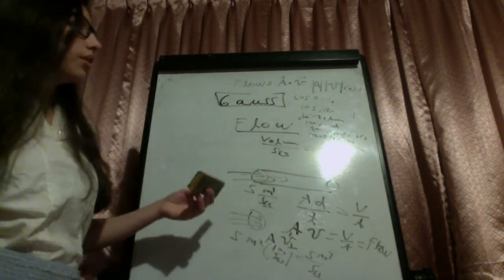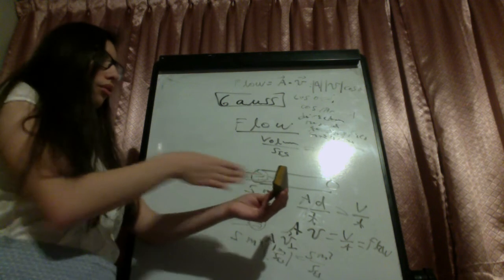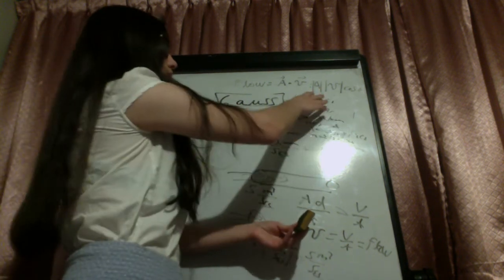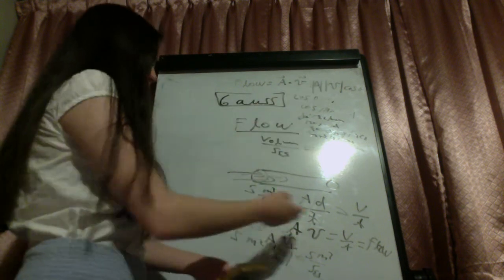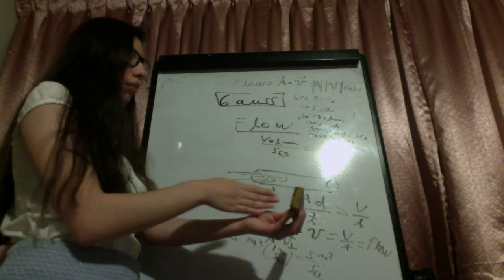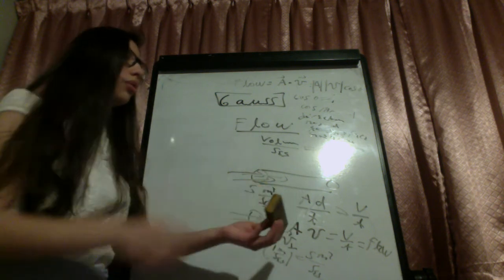If the angle is 0, all the fluid is passing through the surface, so I would have that it is just the area times the velocity, that is what I have here, when the cross-sectional area is perpendicular to the flow of the fluid.